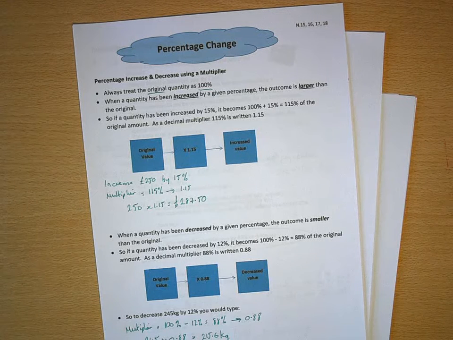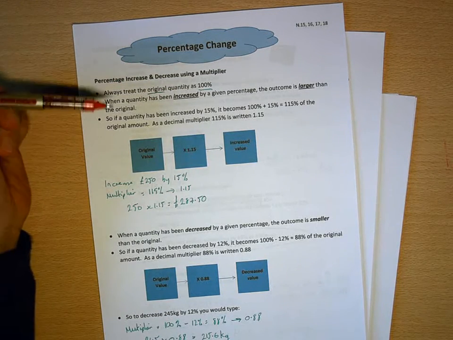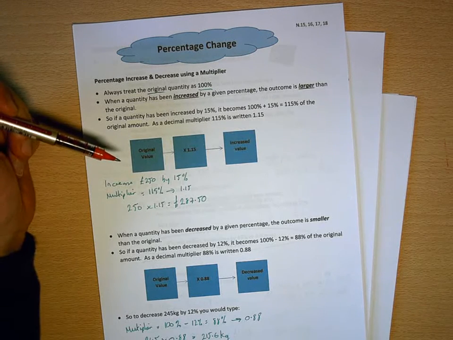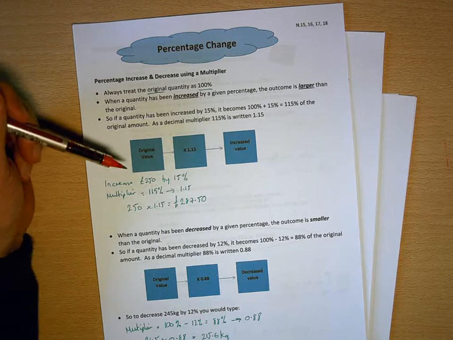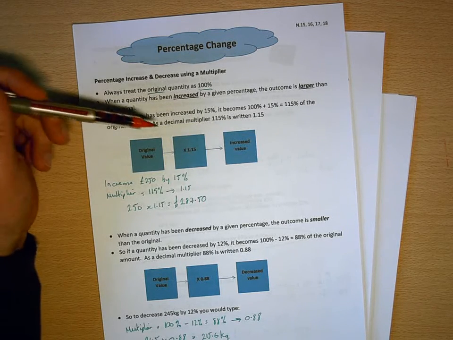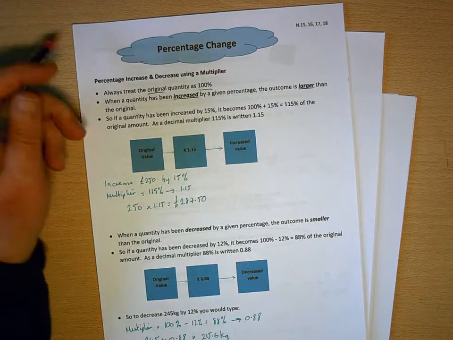Okay, so today we're going to come to the last in the run of percentage change work that we've done over the last few lessons. We started off last week with percentage change using multipliers, and these sort of questions are your D questions, really, grade D, where you're just being given an original value that's either being increased or decreased, and you have to work out what the value becomes.